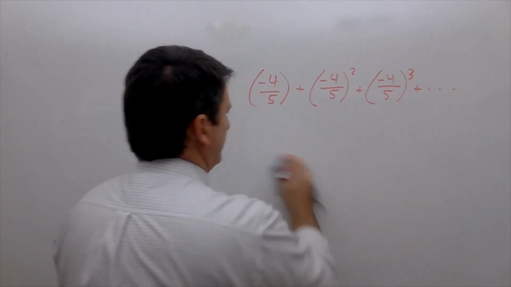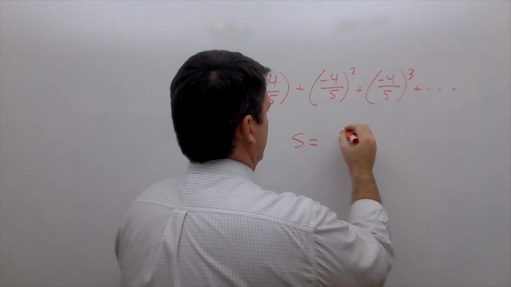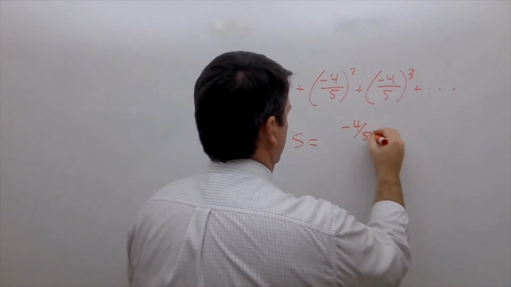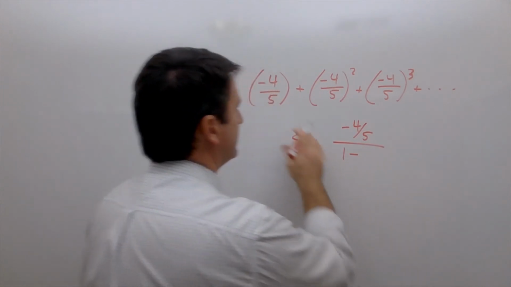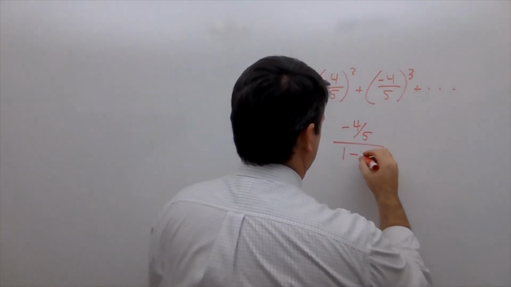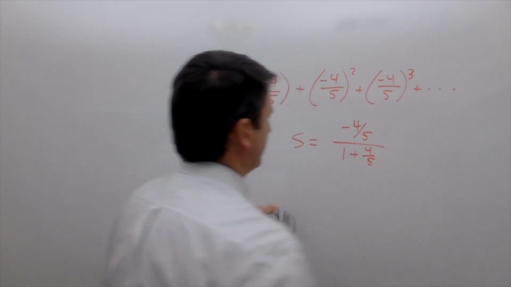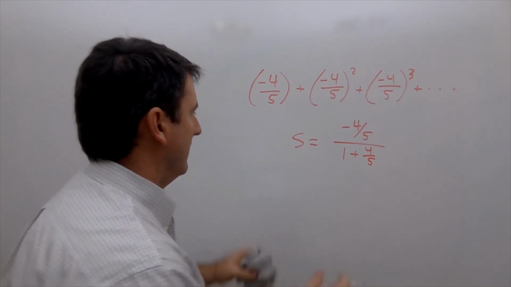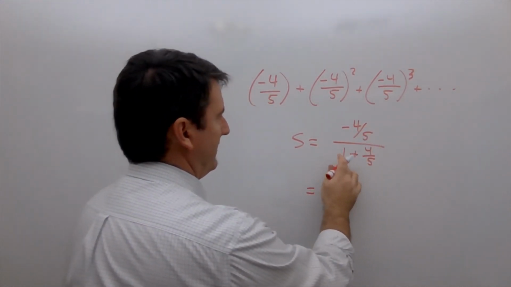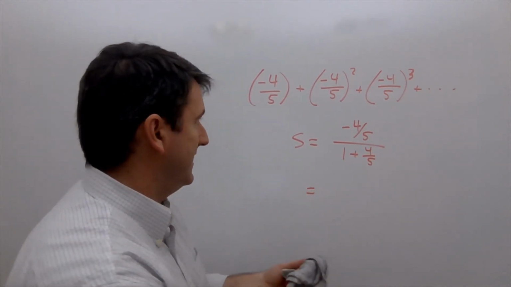So this is going to work, and our sum is going to be equal to the first term, which is negative 4/5 divided by 1 minus the common ratio, which we can see here is negative 4/5. So this is going to be 1 plus 4/5. All right, so negative 4/5 divided by 1 plus 4/5. 1 plus 4/5 is 9/5.